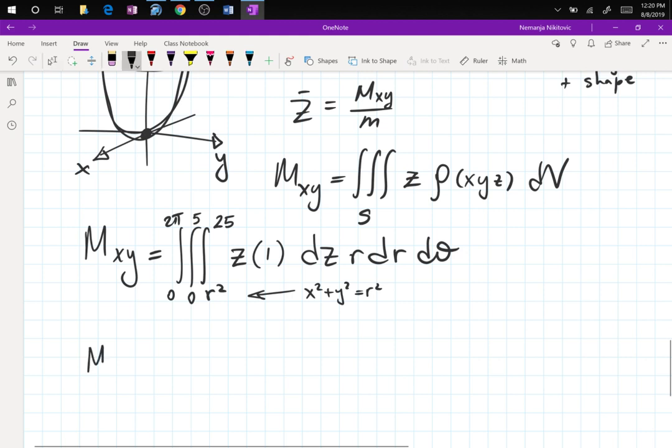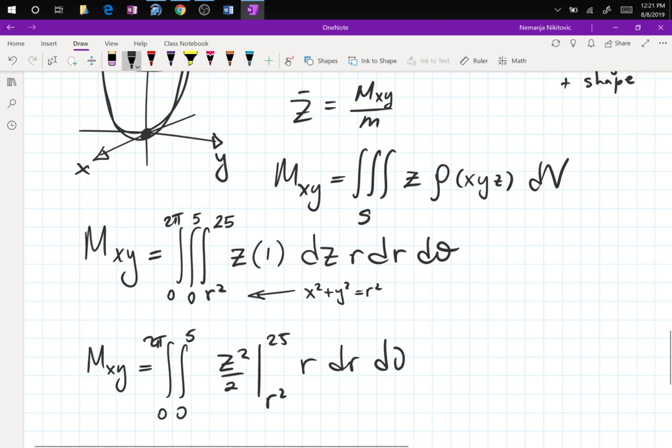So Mxy is equal to, and now we just need to integrate this, 0 to 2 pi, and 0 to 5. The integral of z is z squared over 2, calculated from r squared to 25. And I still have r dr d theta.